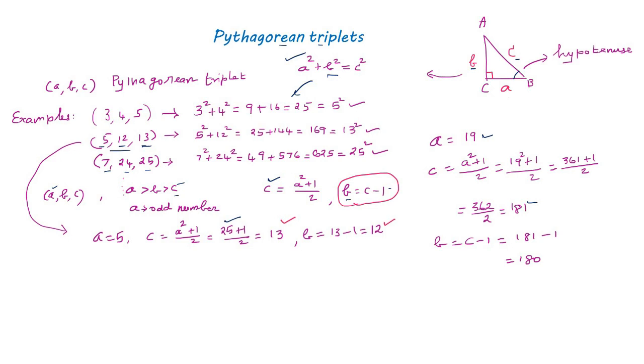Now it is time for us to check whether this is really a Pythagorean triplet. How to check? Evaluate 19 squared plus 180 squared. 19 squared is 361. 180 squared is 32,400.